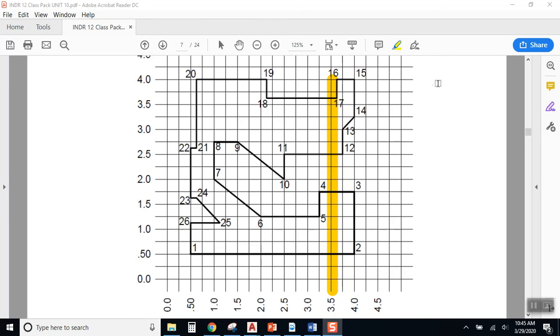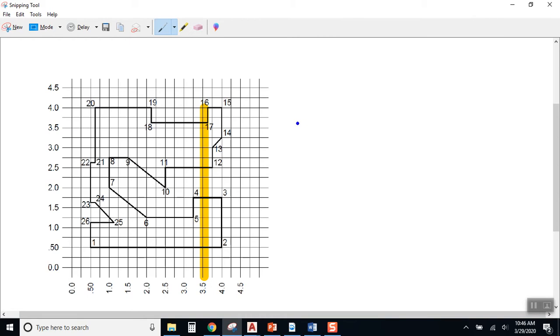So 0.25 inches. So we're starting off at 3.5 in the x direction, and we're going half of a quarter. 0.25, right?